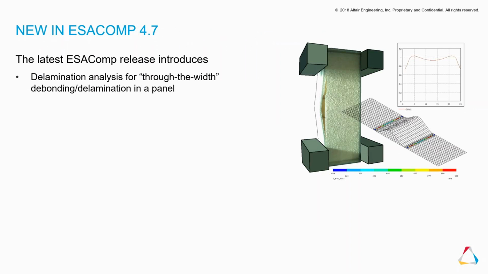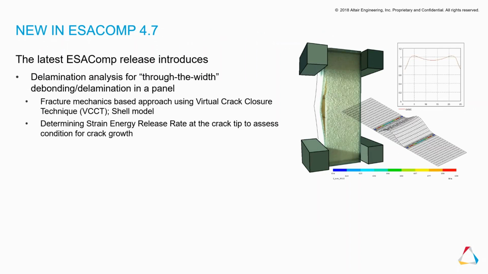It's an analysis performed with shell elements and applying a virtual crack closure type technique. Basically at the crack tip, we determine the strain energy release rate and use that as a criterion to define whether crack growth will take place.